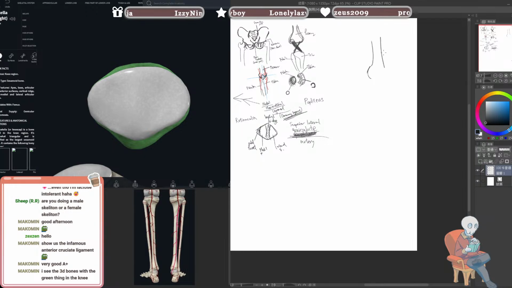Yeah. This is your femur, and this is your tibia, and this is your fibula. To touch here. Oops. My drawing is horrible in this regard.